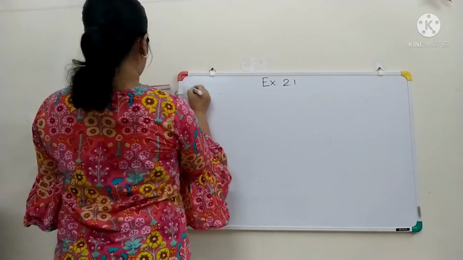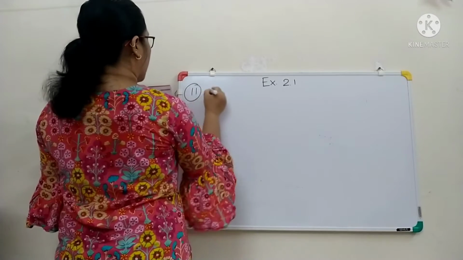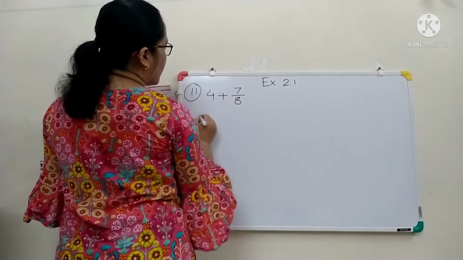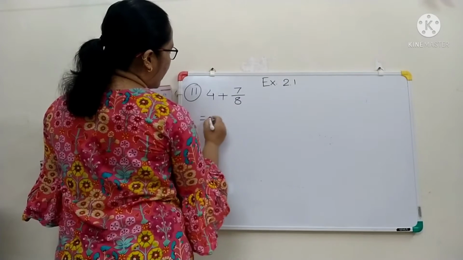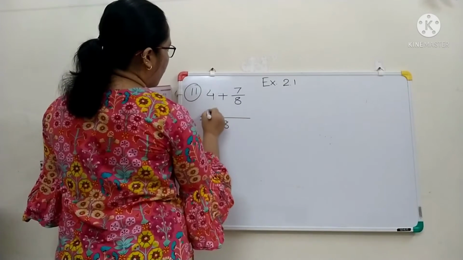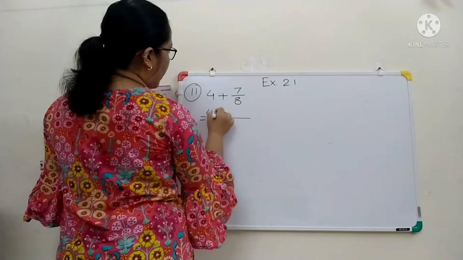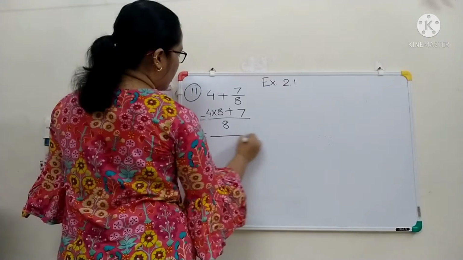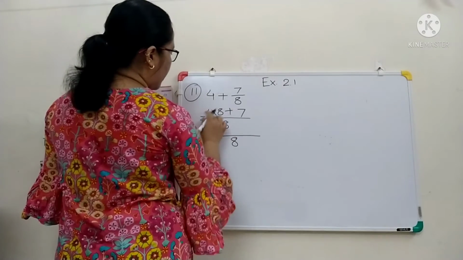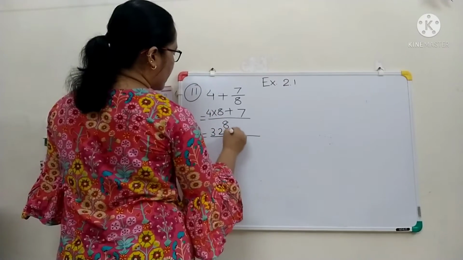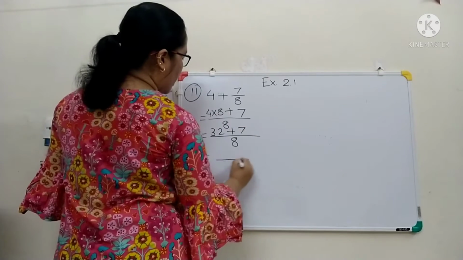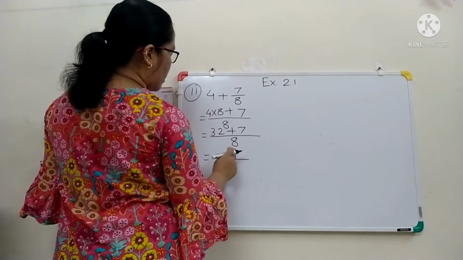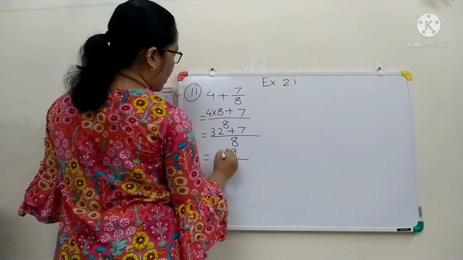Now come to question number 2. It is given 4 plus 7 upon 8. So here also the LCM will be 8. So 4 multiplied by 8 plus 7 is equal to 8 4s are 32 plus 7, which is 39 upon 8.